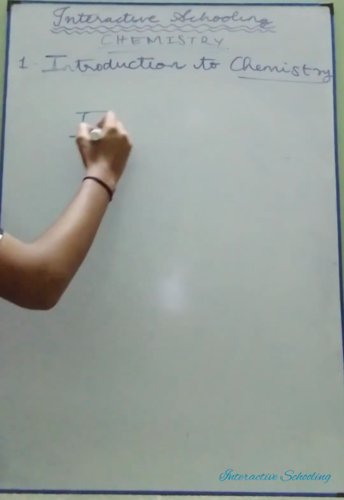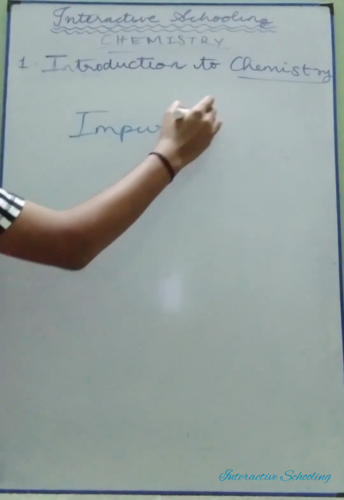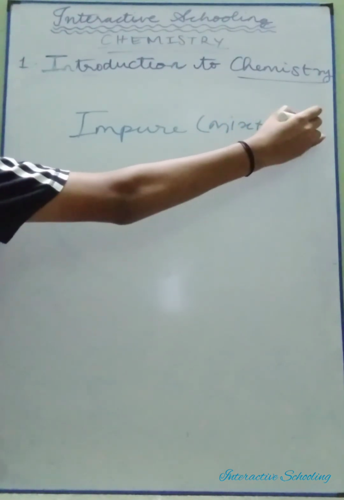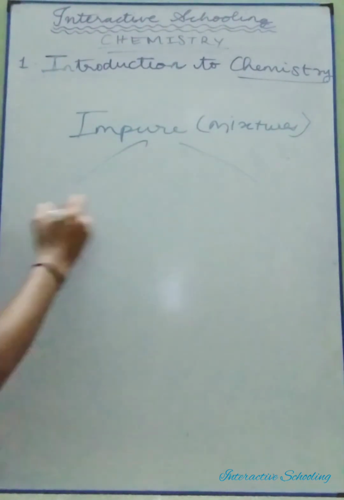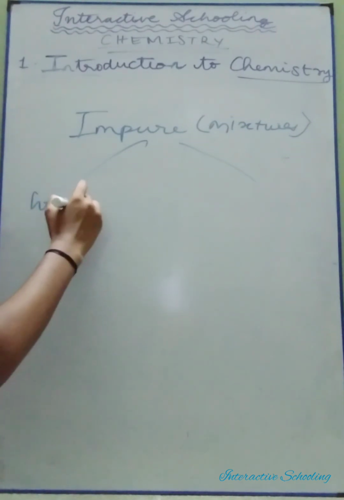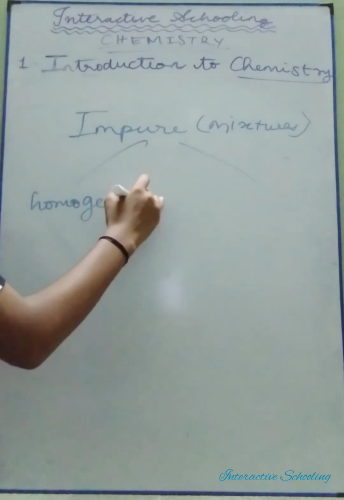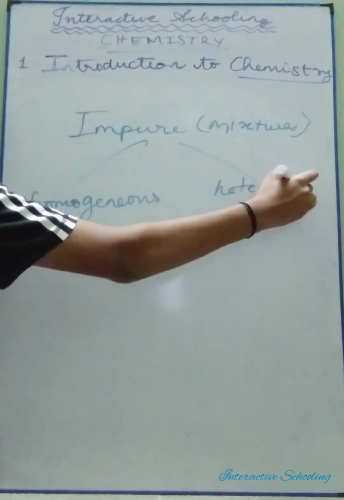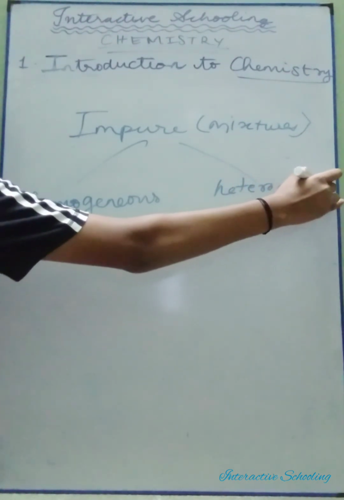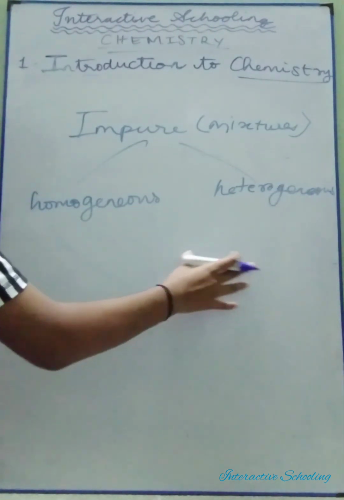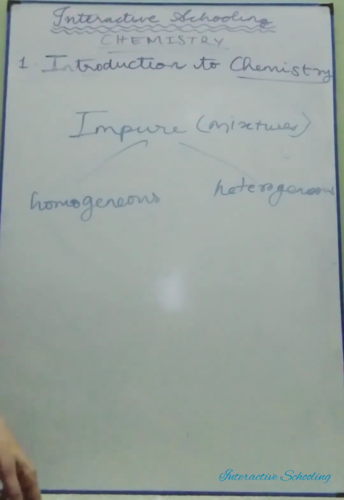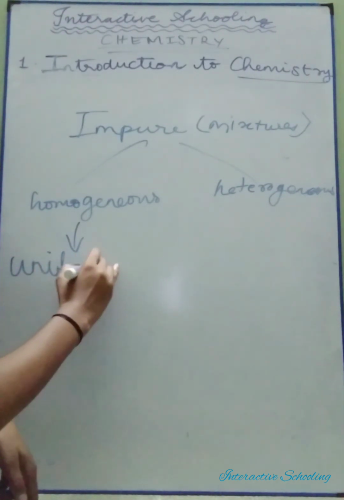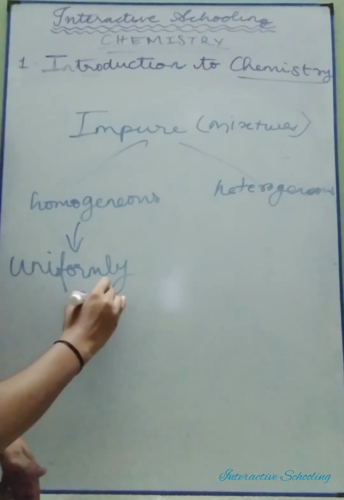So impure substances, that is mixtures, are further divided into homogeneous and heterogeneous substances. So what are homogeneous? Homogeneous means the constituents are uniformly mixed.